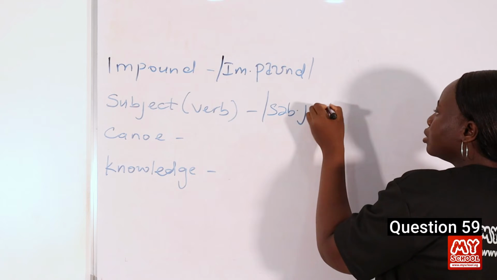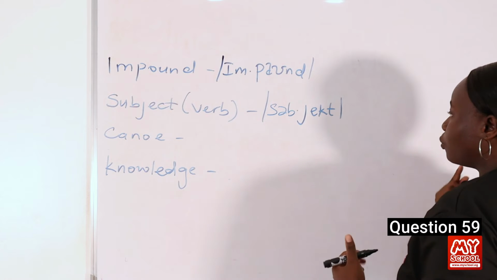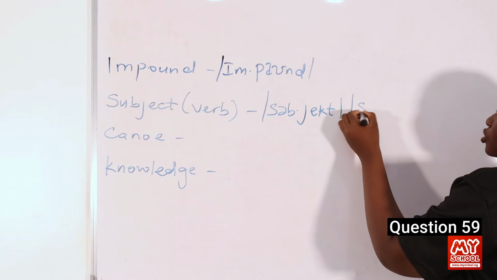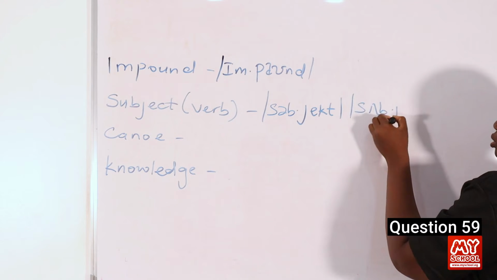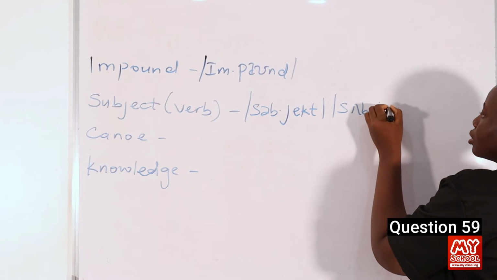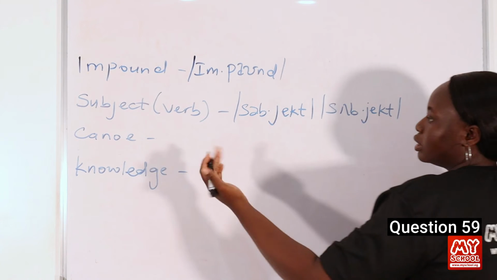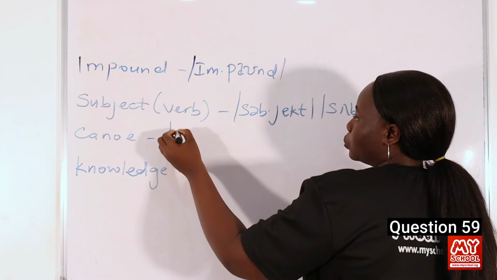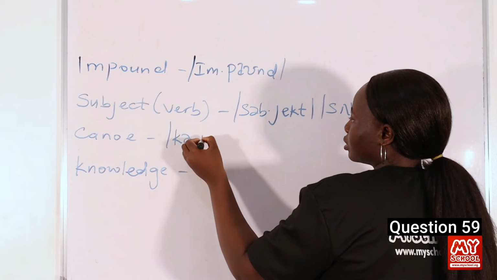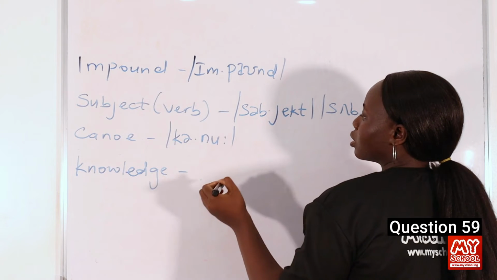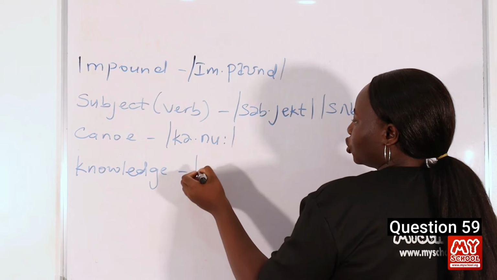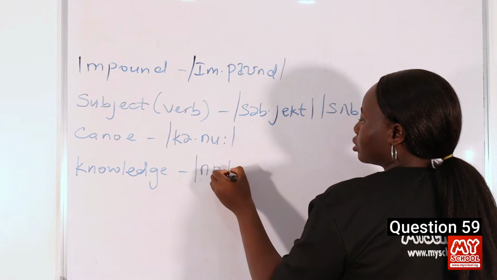This is different from the noun version, which is transcribed as this. So you can see the difference. Then we have canoe. Canoe is transcribed as this. The word knowledge is transcribed as this.